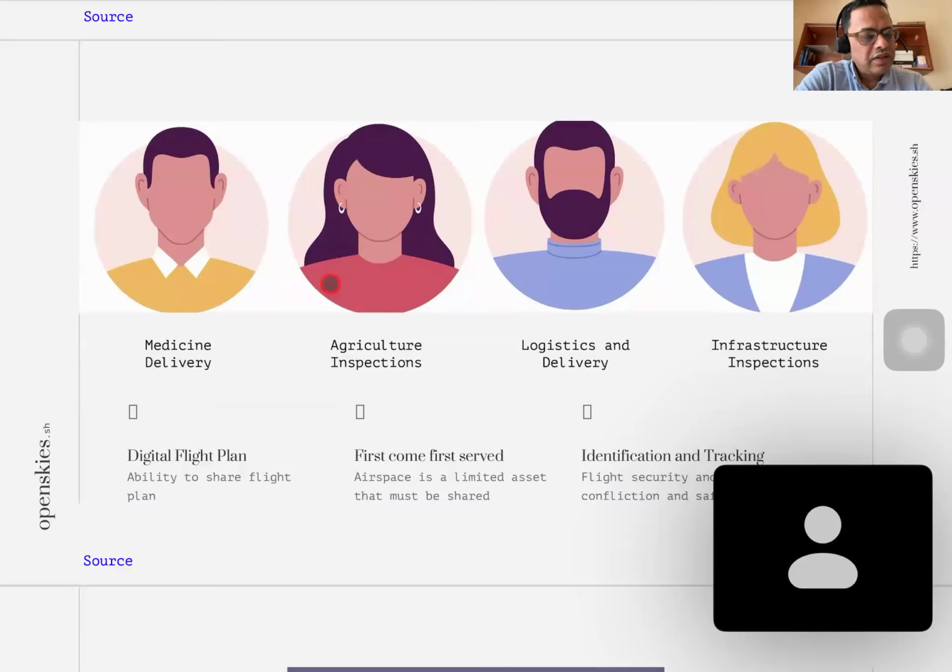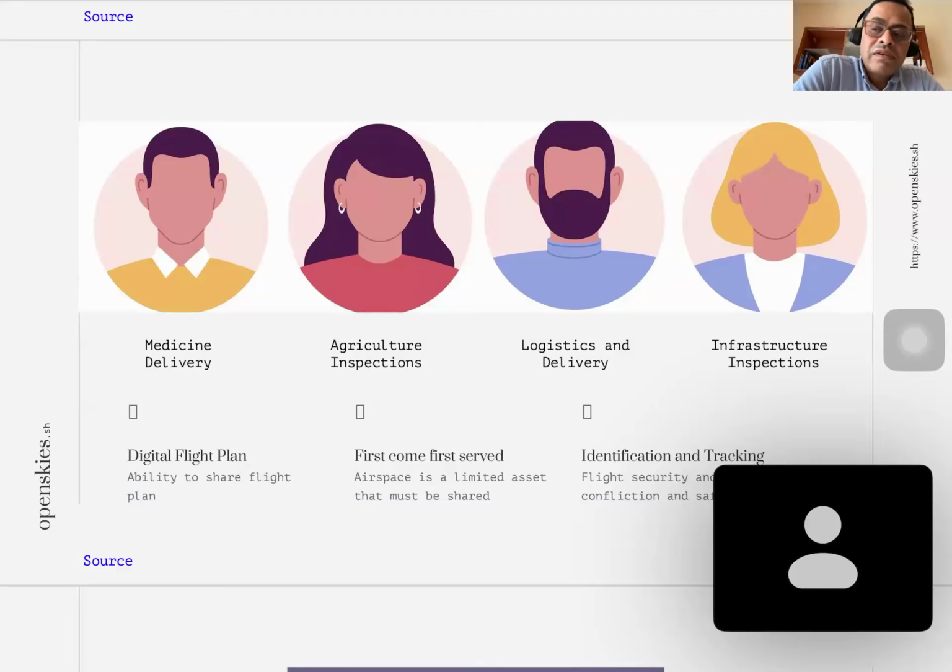The way this works at a conceptual level is basically the following. You have different types of operations, and in a way, they have a digital-first means of communication in that they have a digital flight plan.